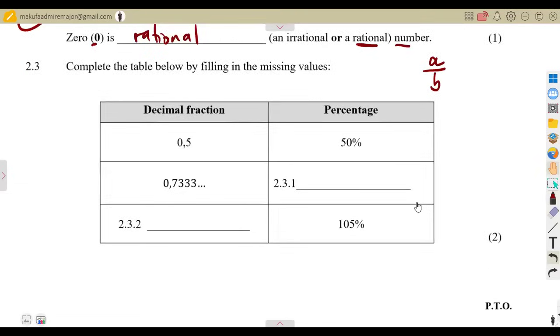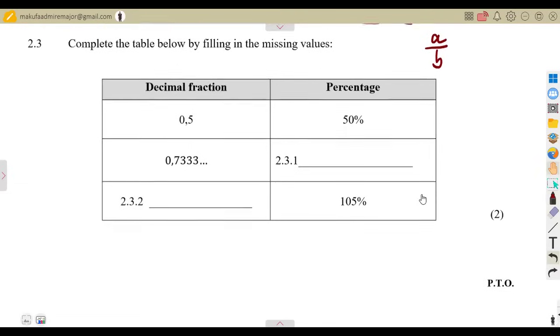All right. Complete the table below by filling in the missing values. 0.5 is 50% as a percentage. So this is a conversion from a decimal fraction to a percentage or vice versa.